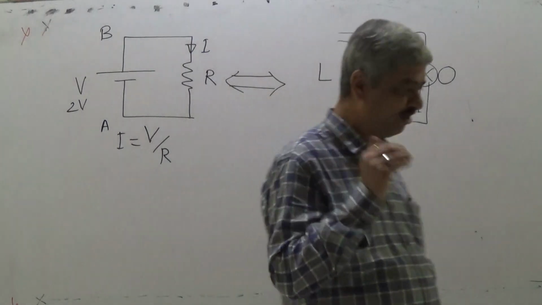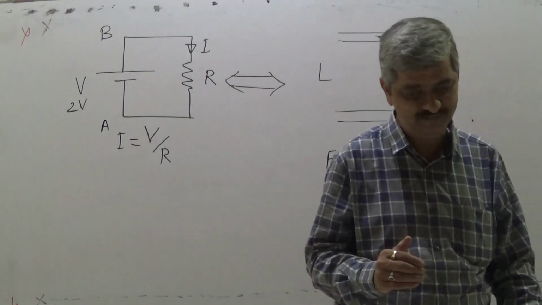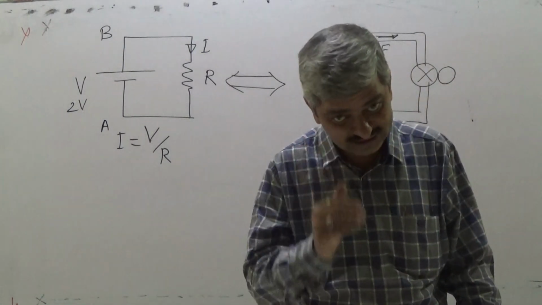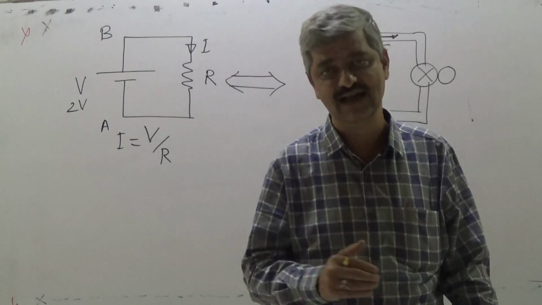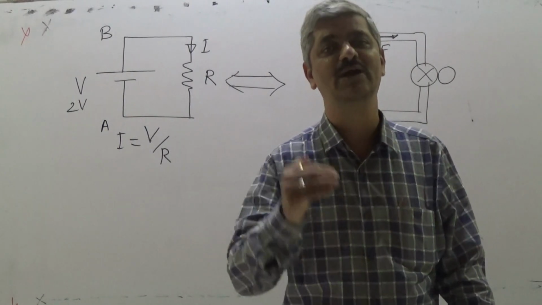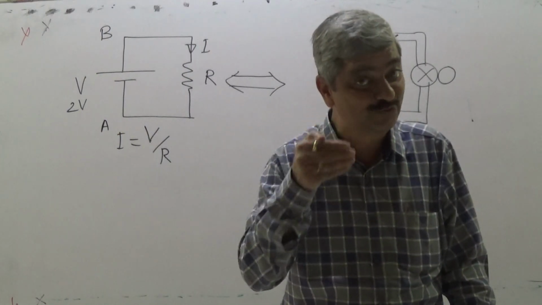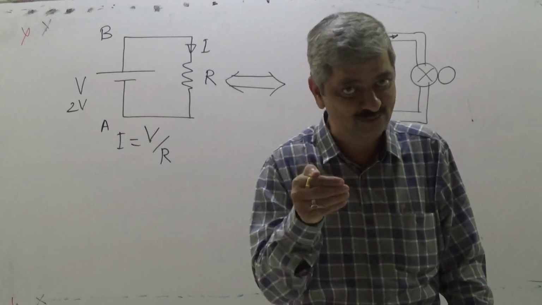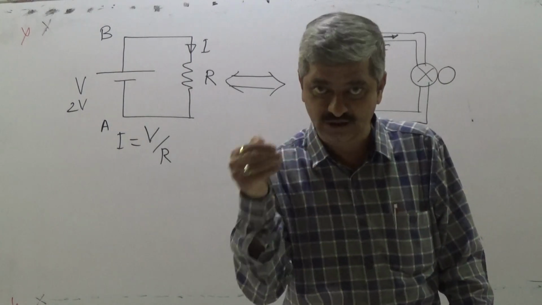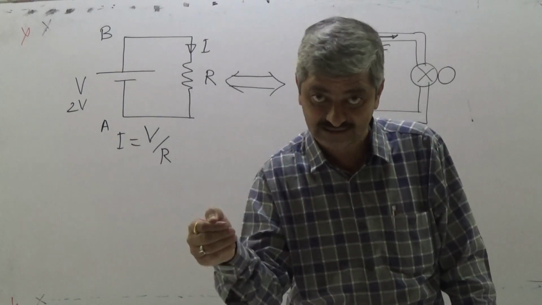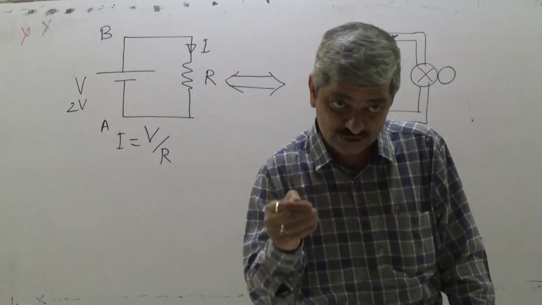Now you make a pause in your video for some time and think on this, and after that you restart the video where I am explaining what is the exact equivalent in the water level model for a voltage source or a battery. What is a voltage source?